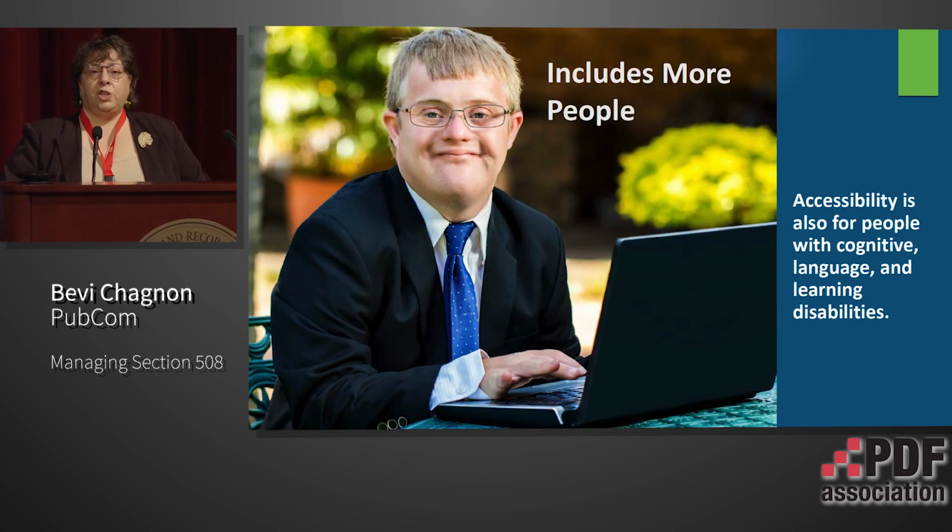Another key thing that changed with the new refresh was the specific definition to include more people with more disabilities, a broader coverage of this law for the people who are the end users.